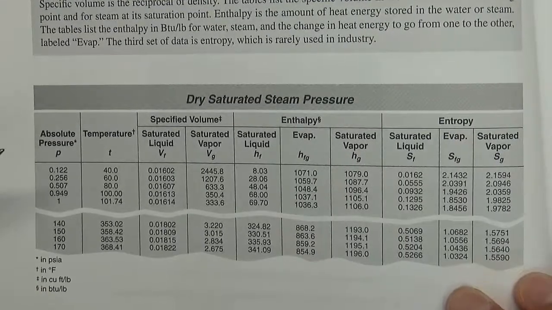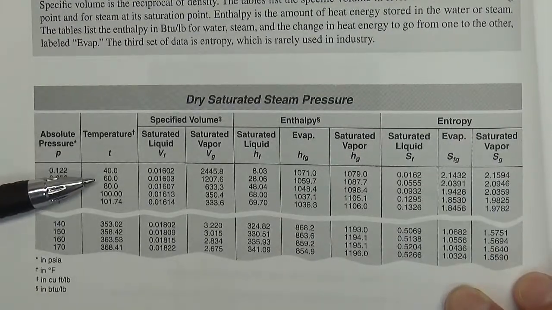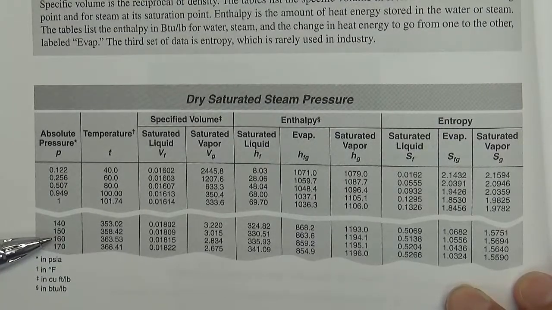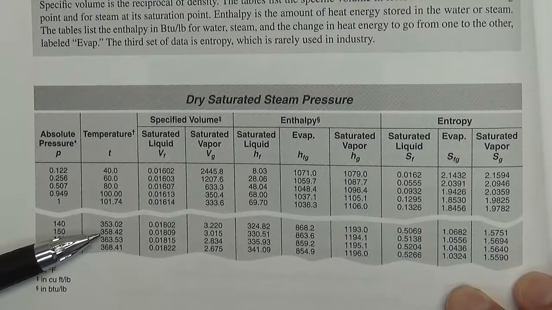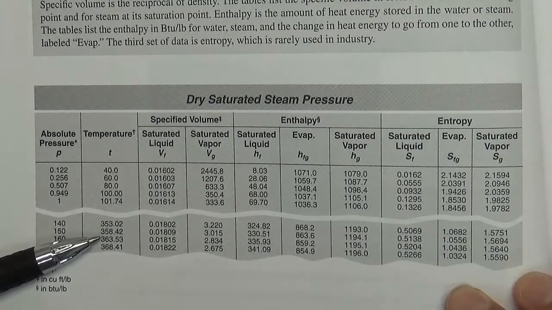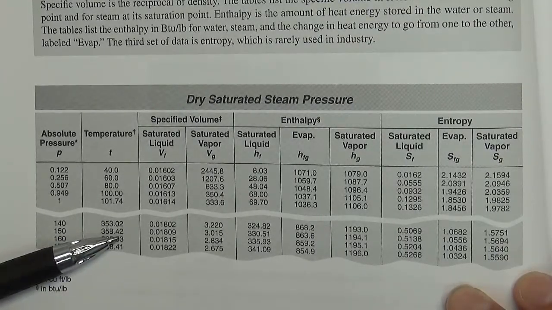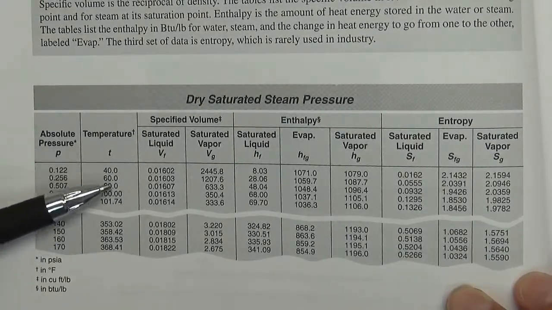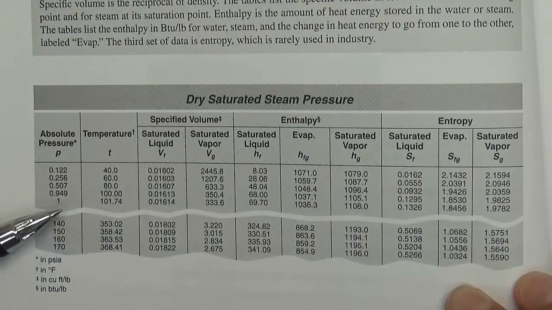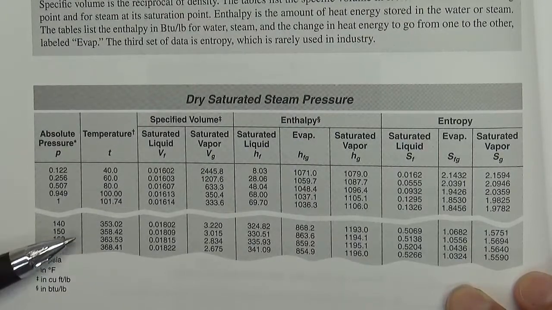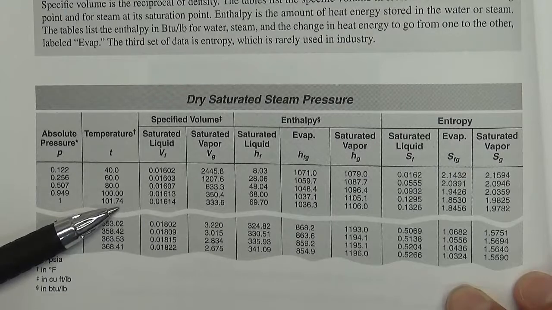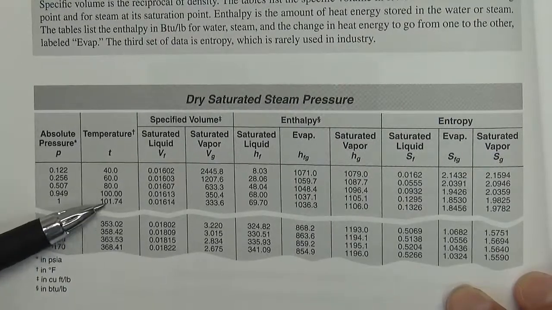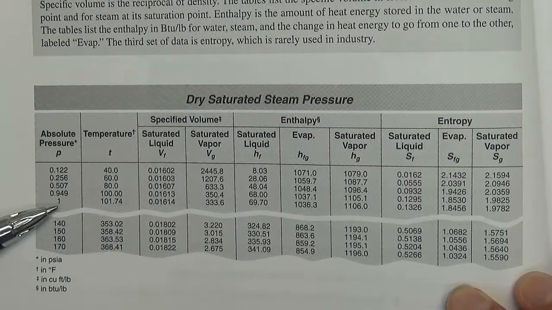Question 2 asks, what is the amount of heat energy in BTU per pound contained in steam at 150 psi? So we'd come down here to 150. Now we see that at 150 pounds, the boiling point is 358.42 degrees Fahrenheit. So all these, we can really read the boiling point here. So if you wanted to know at 101.74 degrees Fahrenheit, the boiling point happens, this is boiling at 1 psi absolute.